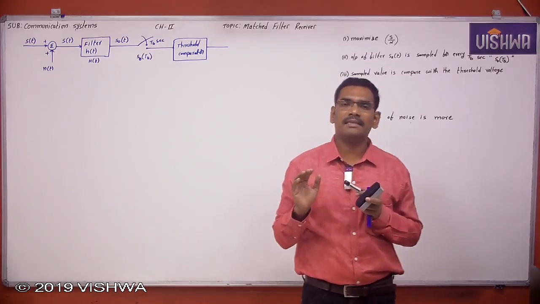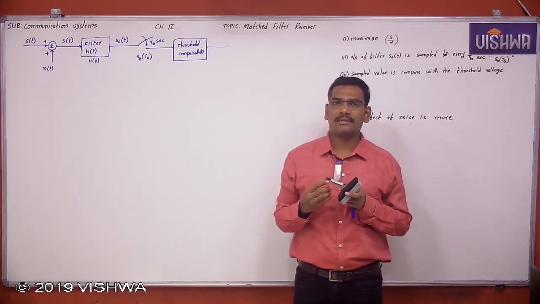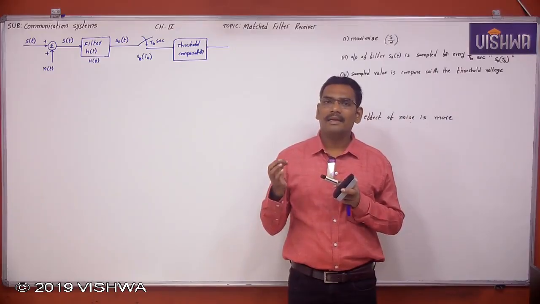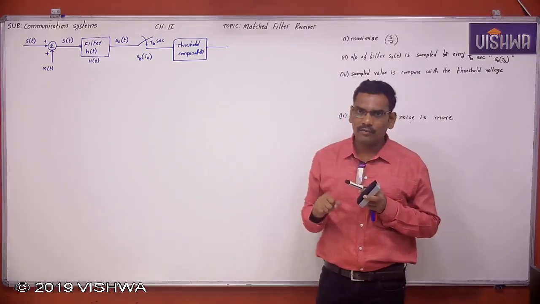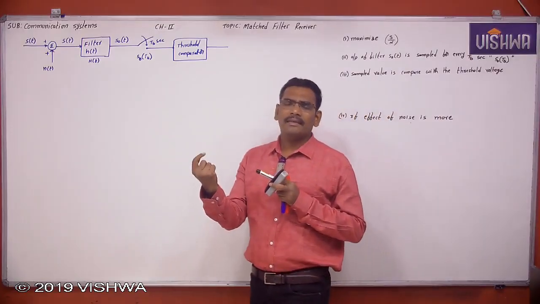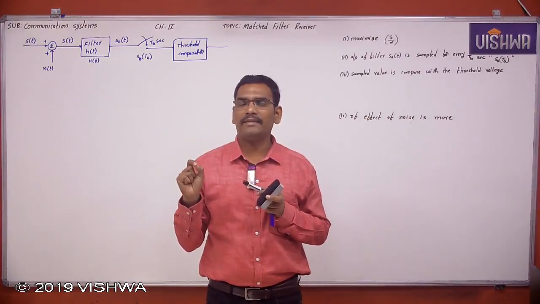The signal gets distorted due to various losses. So that is nothing but being affected by noise. Therefore, definitely the input to the receiver is a signal which is affected by noise.